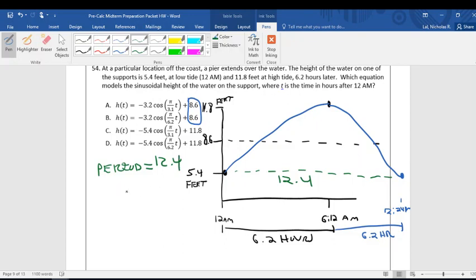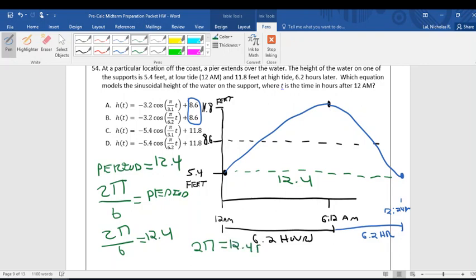We know that 2 pi over b is equal to our period, this is just from our sine equations. So when 2 pi over b equals 12.4, 2 pi is equal to 12.4b, and so b is equal to 2 pi over 12.4, and you can simplify this to pi over 6.2.